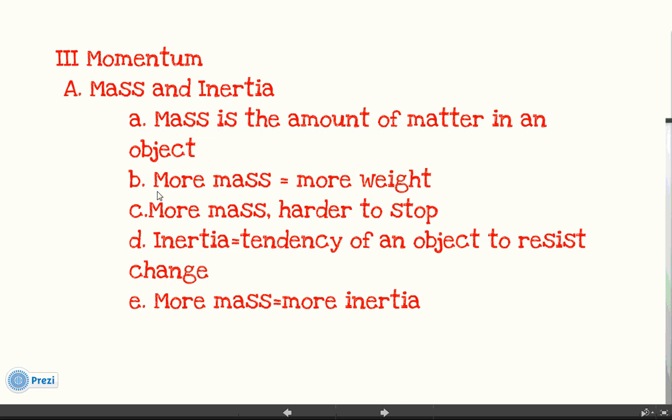B, the more mass it has, the more weight. So they're not the same thing. The more mass it has, the harder it is to stop. The inertia is the tendency of an object to resist change, and we will talk about this a lot. And then the more mass it has, the more inertia it has, the harder it is to change its path.